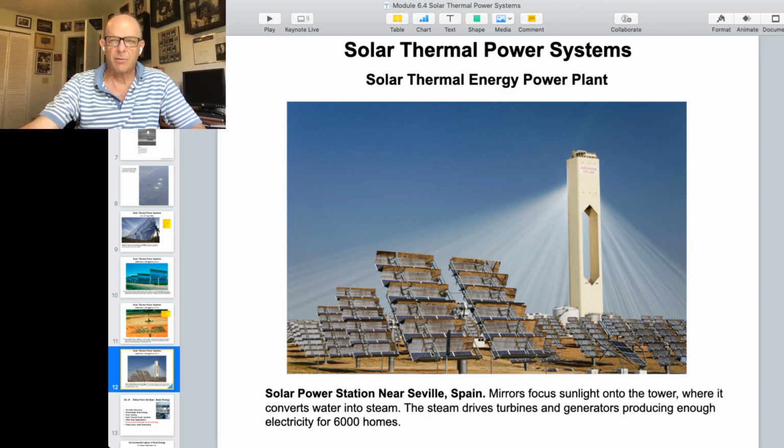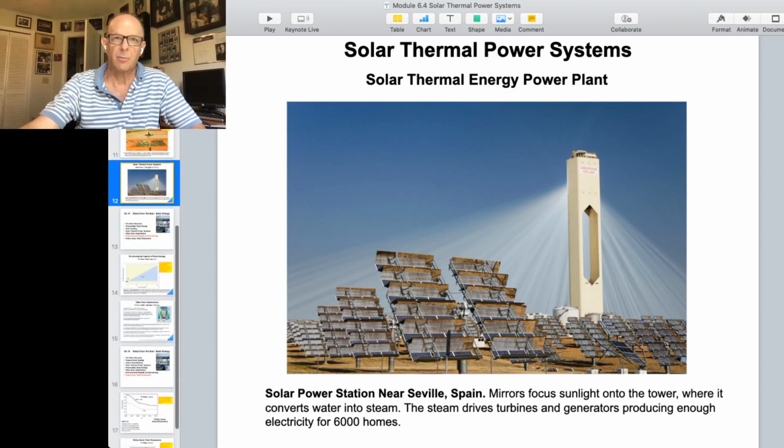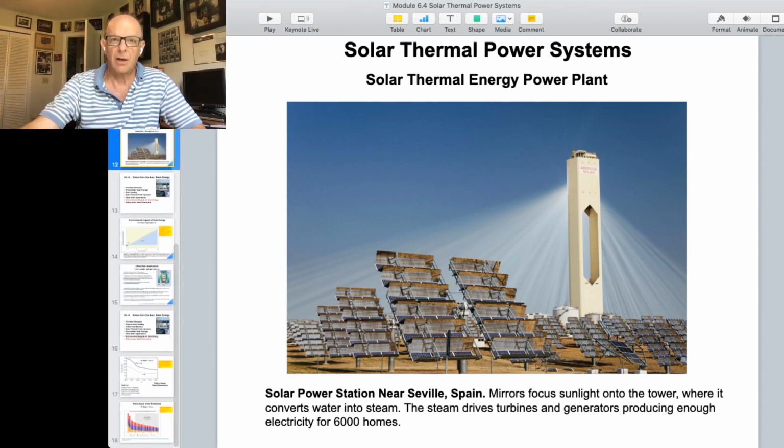So we drive turbines with steam, but we can create steam by concentrating sunlight in a small area. So that's another kind of technology that can be used to generate electricity from sunlight.